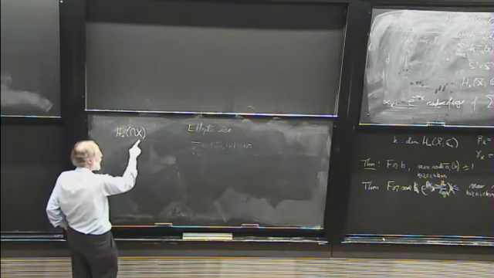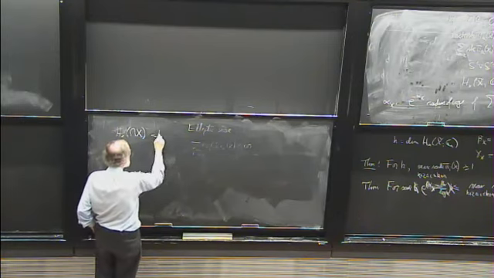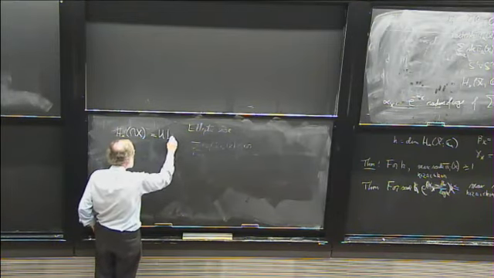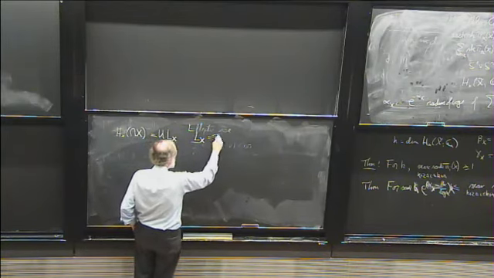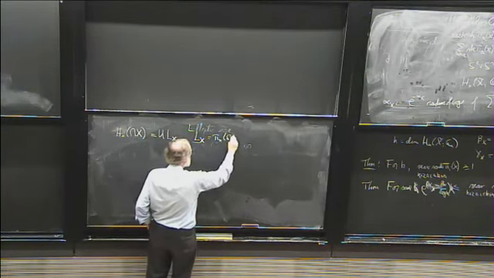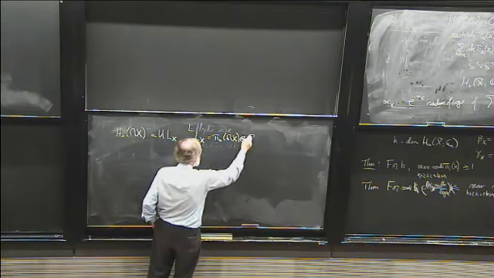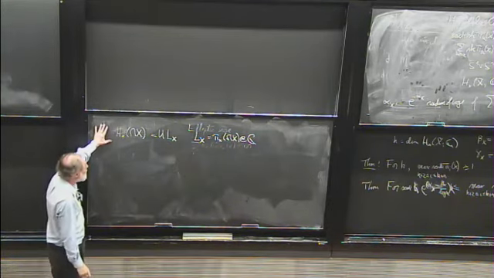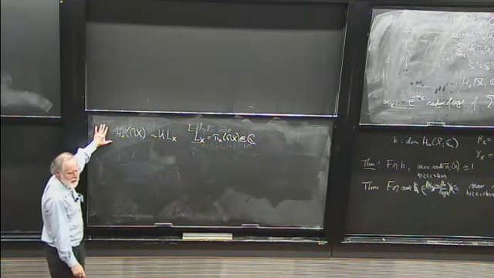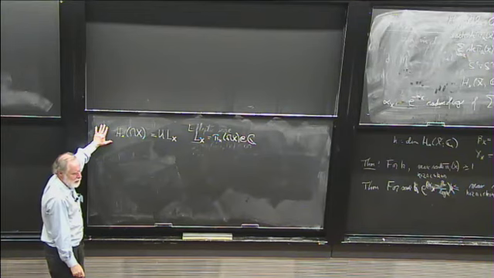H star of omega X is the universal enveloping algebra on a graded Lie algebra, and LX is exactly equal to pi star of omega X tensor Q. And that's always true for simply connected spaces. This is a theorem of Moore and Milnor-Moore.